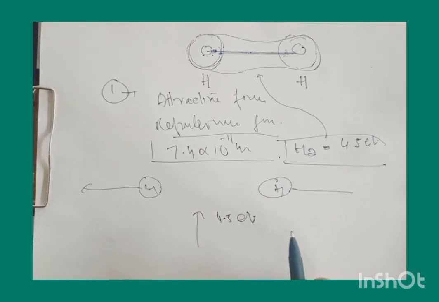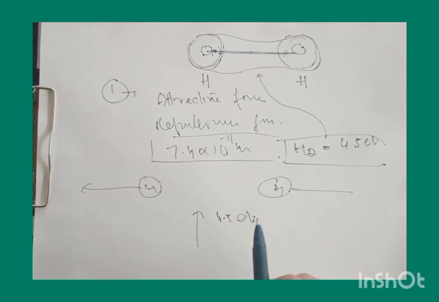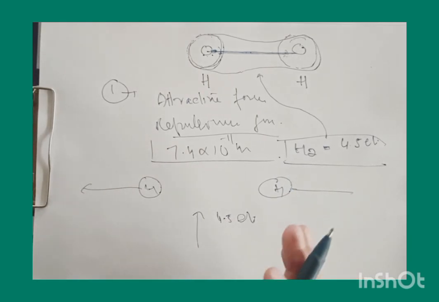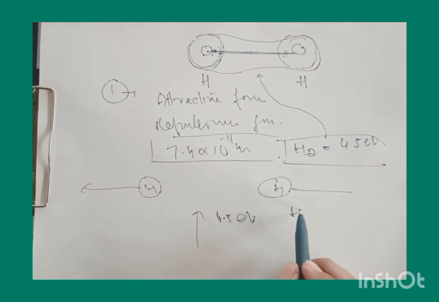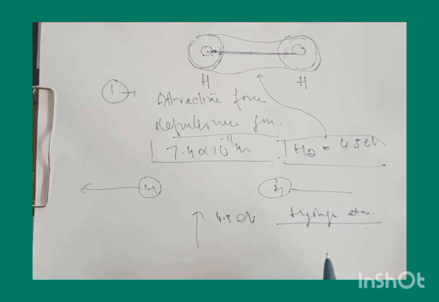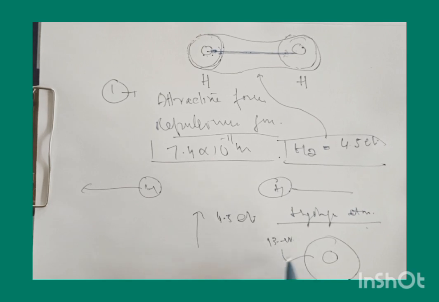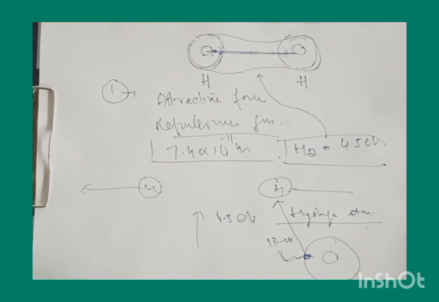So to say, what it reveals is, if I make a comparison of this kind of arrangement for this molecule with the atom itself, for a hydrogen atom, we understand that we have to provide 13.6 electron volts of energy for the electron to be completely outside the regime of this hydrogen atom.